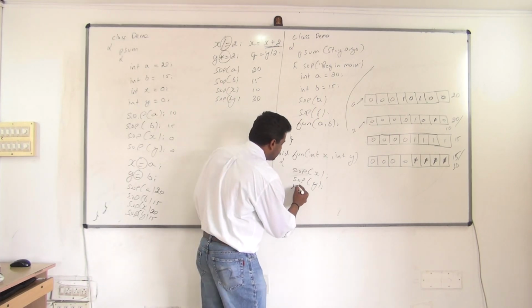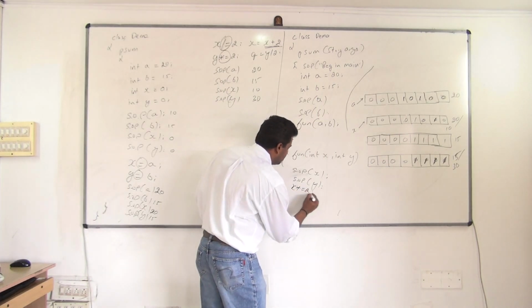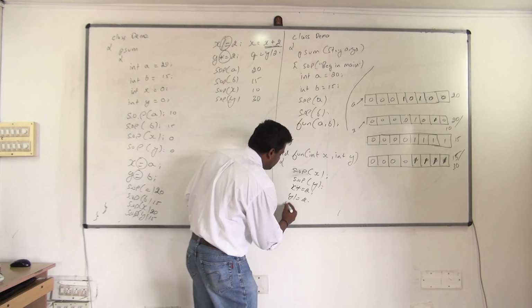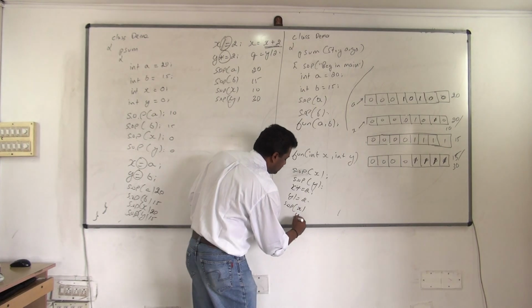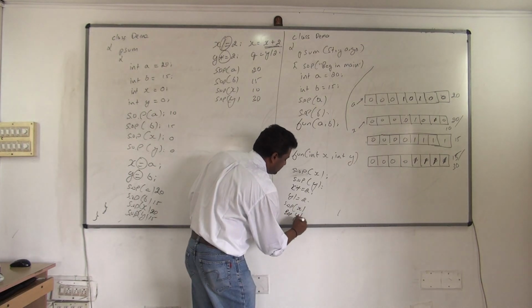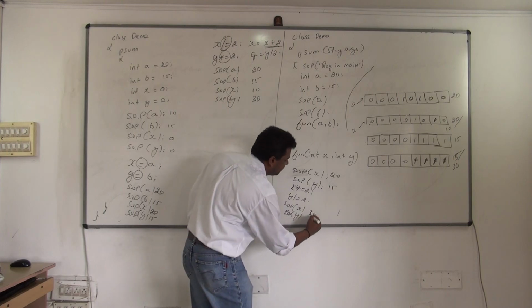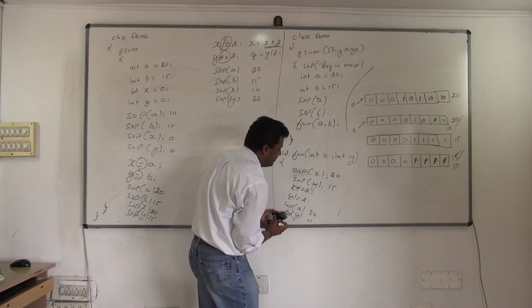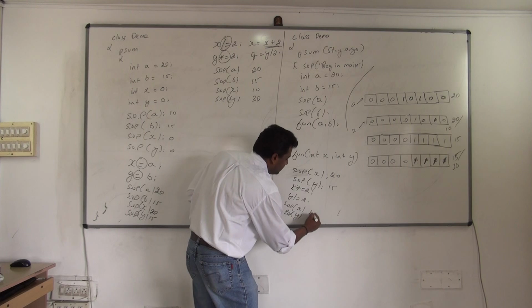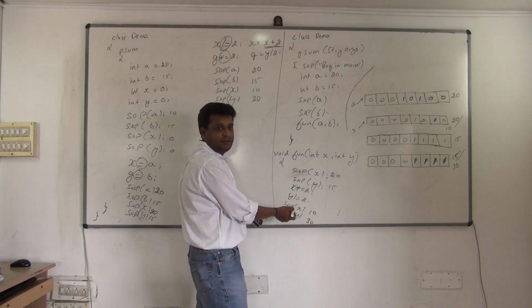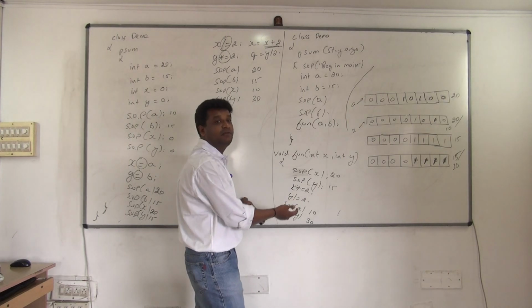Okay. So now you modify x divided by 2, y multiplied by 2, and then you print. What will happen? It will print the modified values. So here it will print 20 and 15. After modifying it will print 10 and 30. You are modifying the value of x and y.